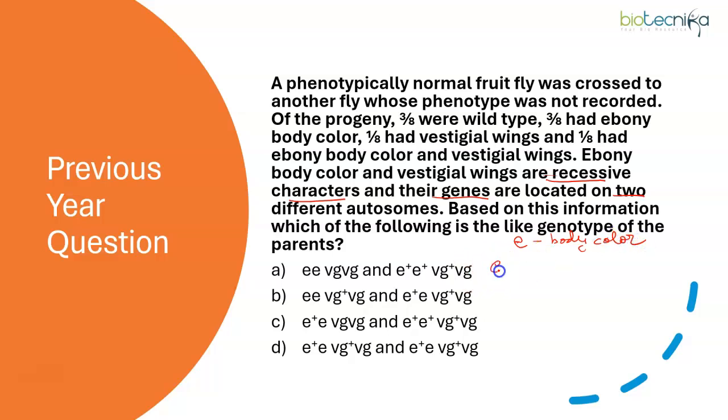In that case, E plus will be the dominant genotype which will code for wild type body color, and E will be the recessive genotype which will code for ebony body color. Next, let's say VG is for wing type. VG plus will be wild type and VG will be vestigial.